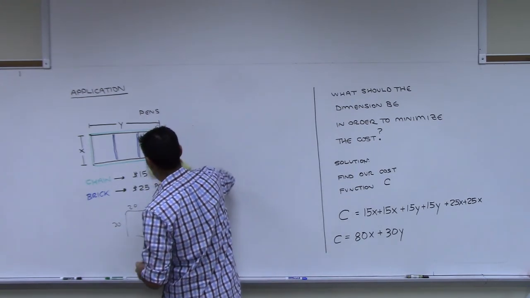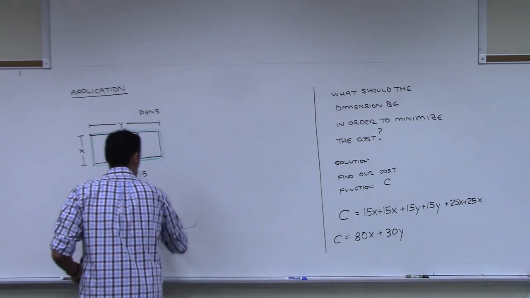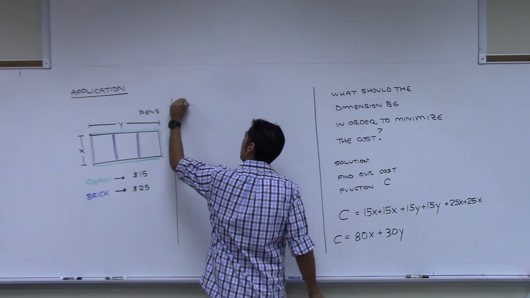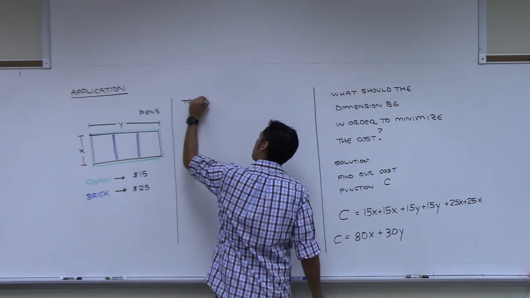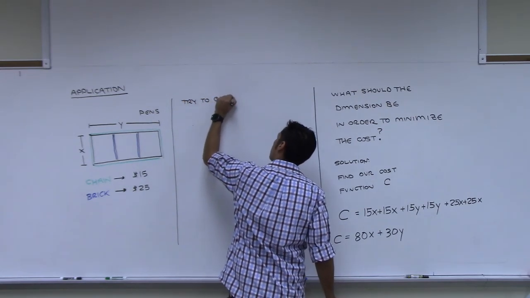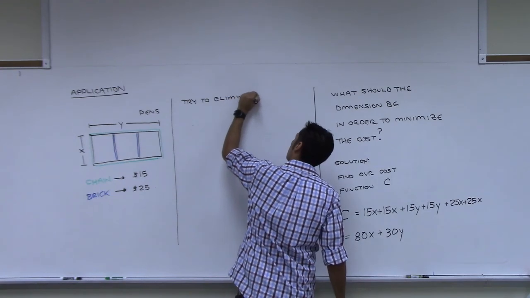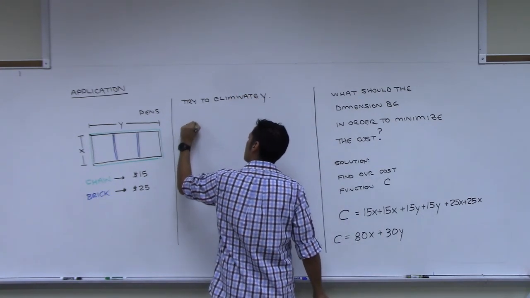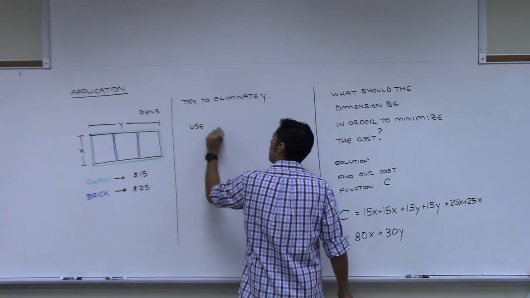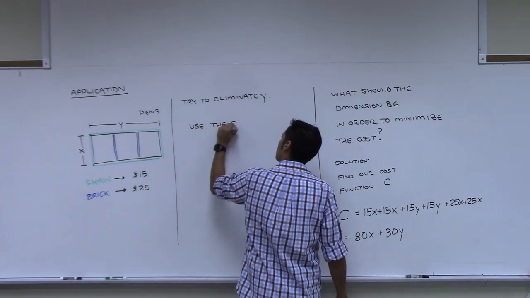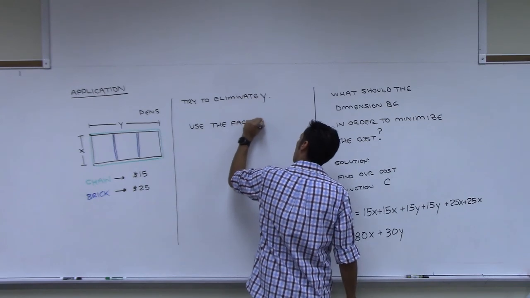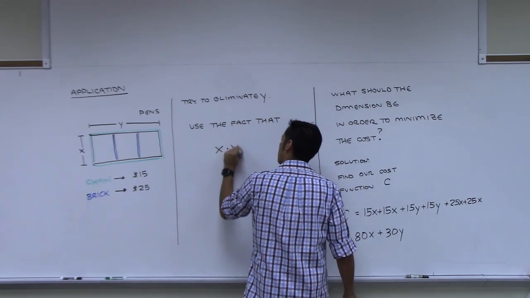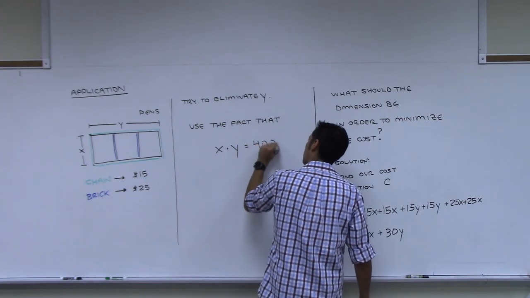Okay, so right now at this point, I'm going to try and squeeze this in here. We already know that's $15. So now I'm going to try to eliminate Y. All right? And I'm going to use the fact that x times y must be 400, right?